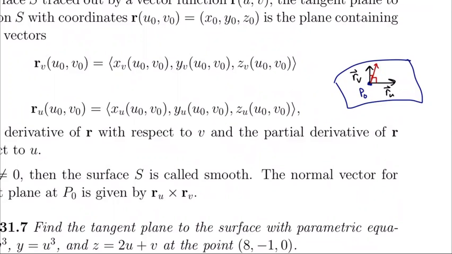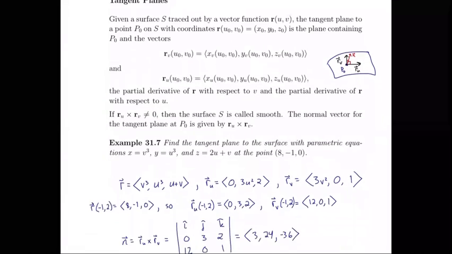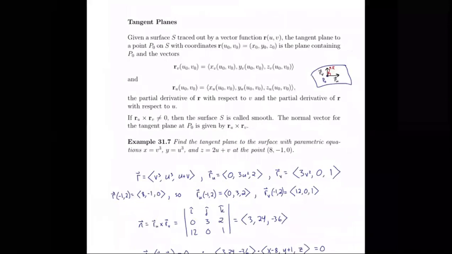We could write it that way, or we could also write it with our standard normal vector n and the equation of a plane from chapter 10 or whatever previous vector geometry chapter that came from. So that's our task. That's why we want r sub u and r sub v, the partial derivatives of the vector function in each of those directions. And that'll fully determine a tangent plane to any given surface.